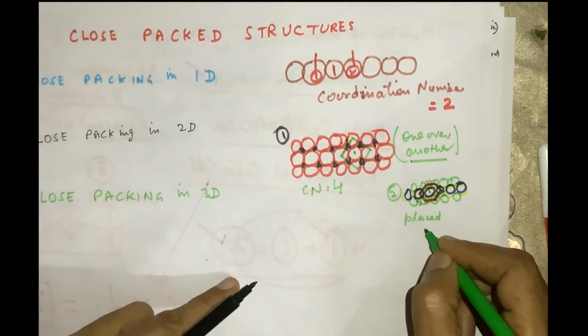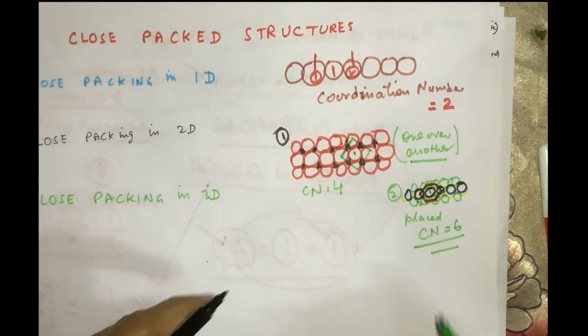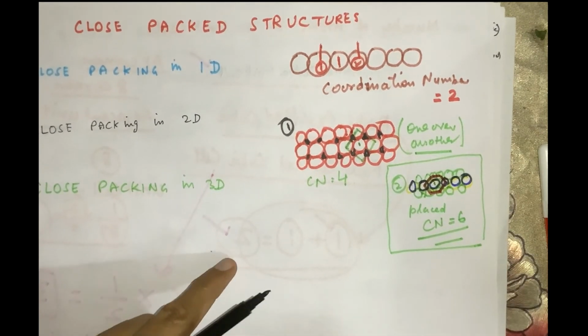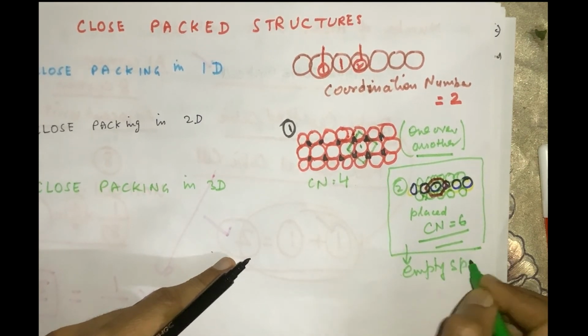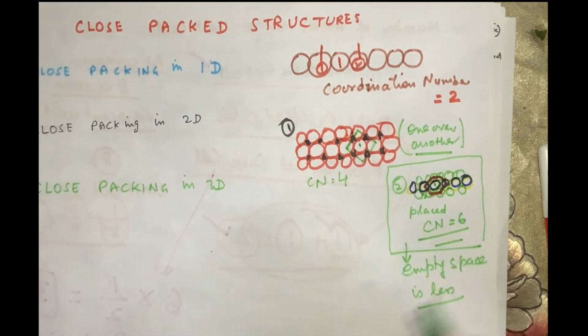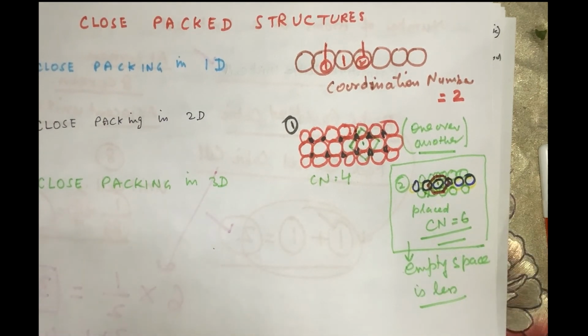So we say that here the coordination number is 6. So which is more efficient? This second method is more efficient. Why? Because the empty space in this is less and the coordination number is more. Coordination number is the number of constituent particles that are in contact with the central constituent particle, the central atom.